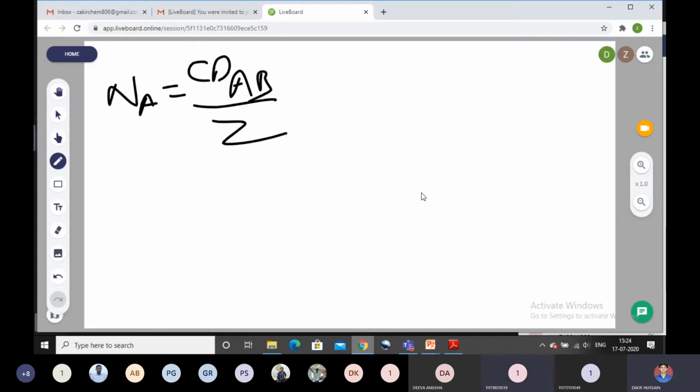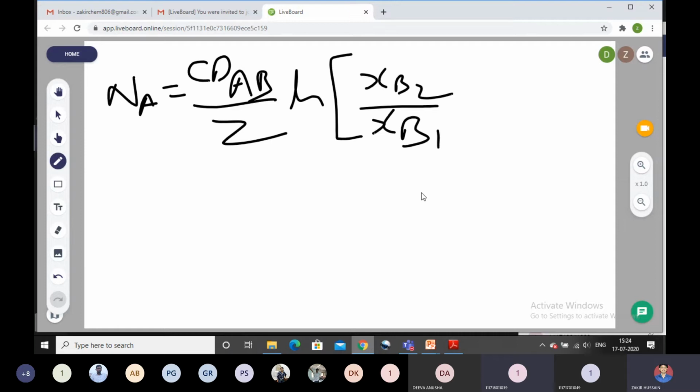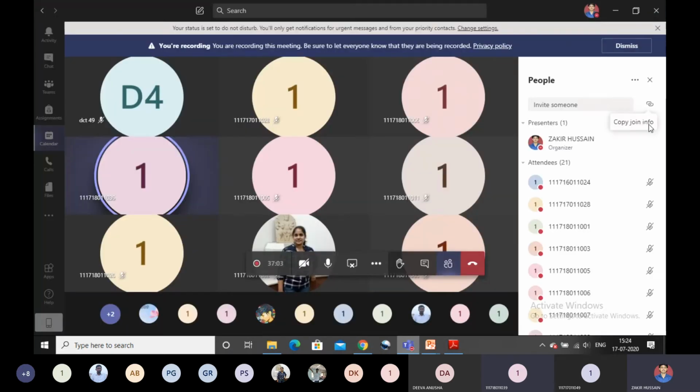So now how will it look, we will see. NA is equal to C DAB by Z, and in place of 1 minus XA2 we can substitute XB2, and in place of 1 minus XA1 we can substitute XB1.